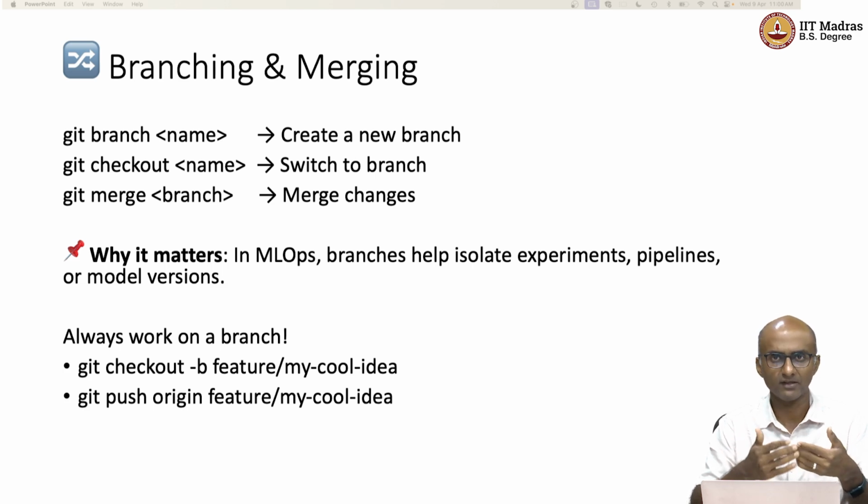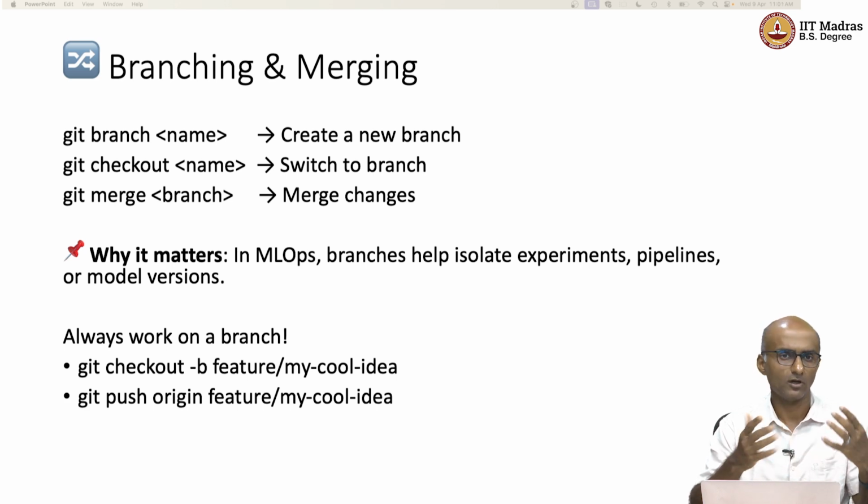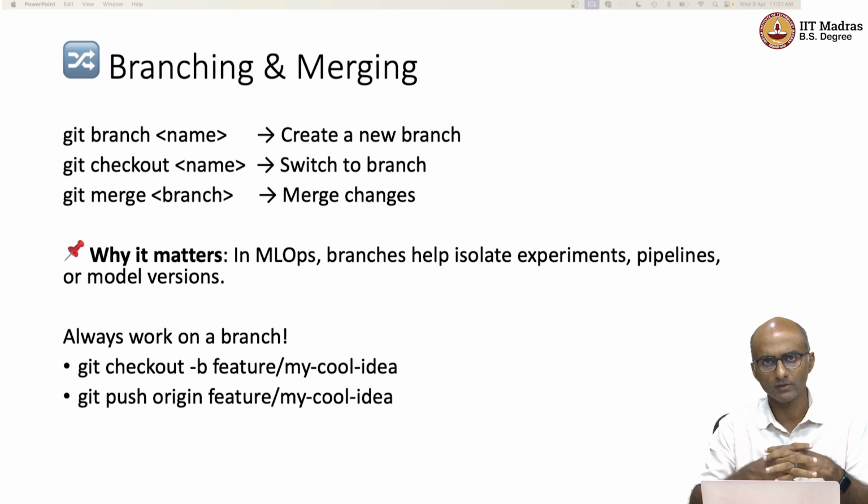So for those reasons as well, branches are a critical way in which you organize code, especially for machine learning as well. So one of the best and simple rules of thumb is that if you're working on any change which is material, please work on a brand new branch, right? So call it whatever you want. Typically, if it's a feature, then you want to give it a name which has feature as a prefix.